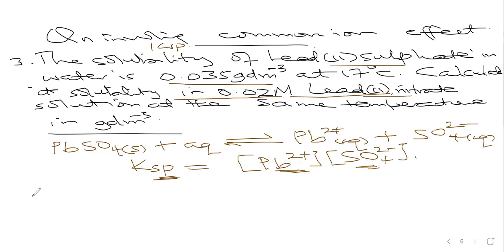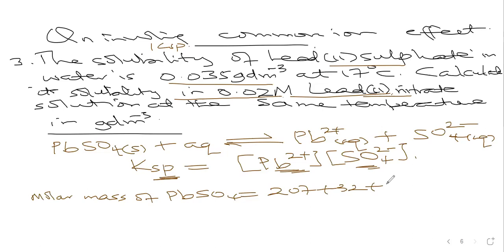How shall we do that? We shall say the molar mass of lead 2 sulfate is equal to 207, that is for lead, plus sulfur, which is 32, plus oxygen, which is 16 times 4.